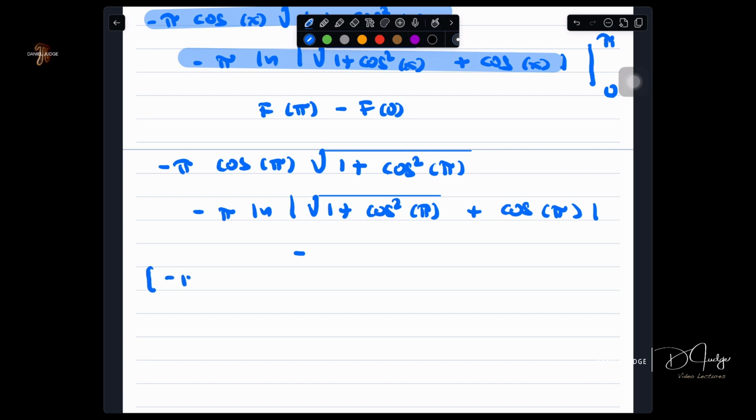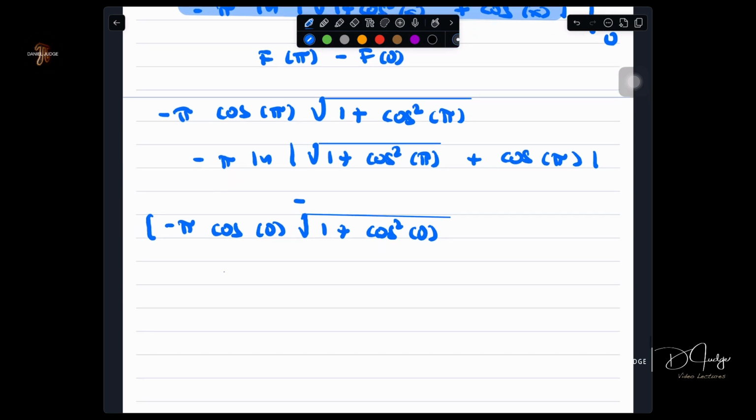So it'll be negative pi cosine of 0 square root of 1 plus cosine squared 0 minus pi natural log absolute value square root of 1 plus cosine squared 0 plus cosine 0 in absolute value.